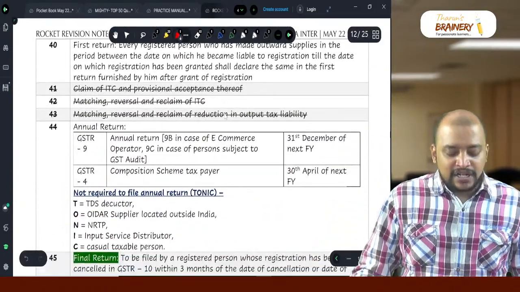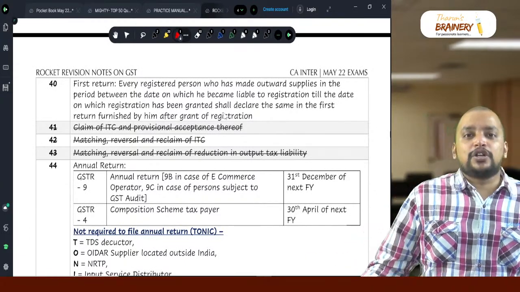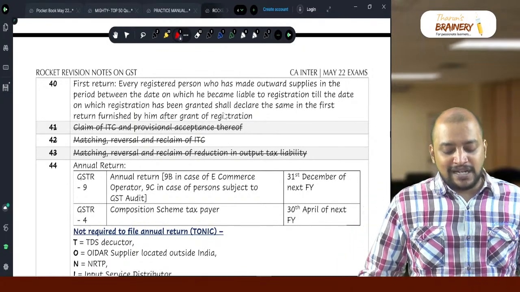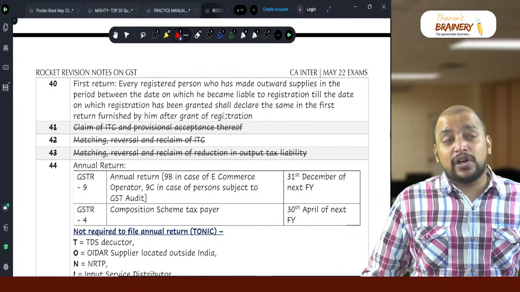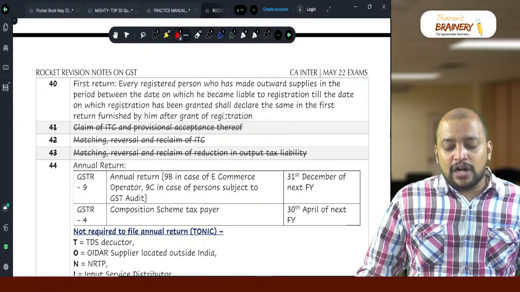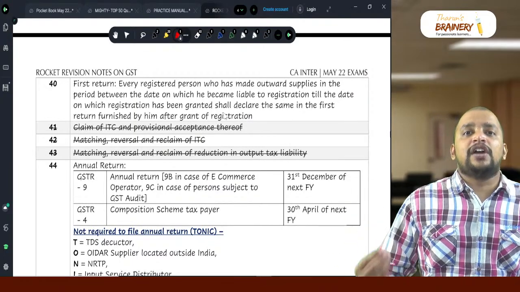Then section 40 is the first return. That first return is required to be filed by every registered person who has made outward supplies in the period between the date on which they are liable to get registered and the date they got registration. For example, a person is required to get registered on 5th of July.